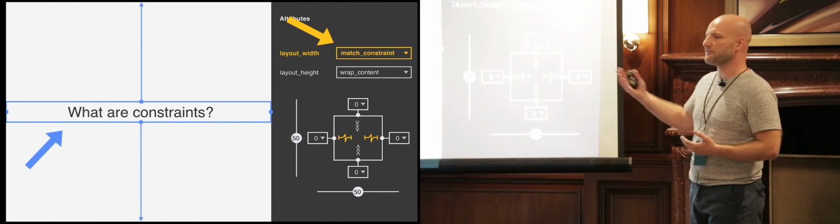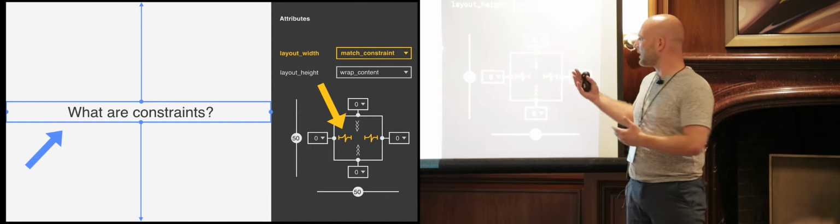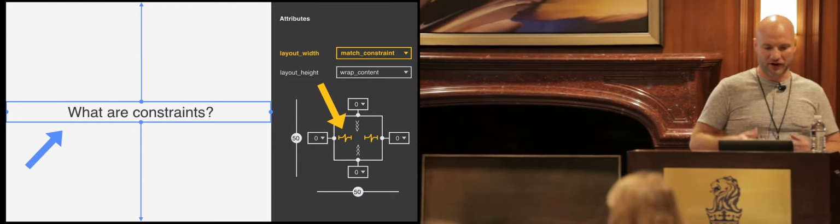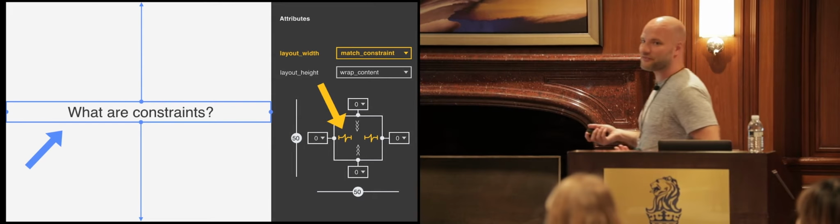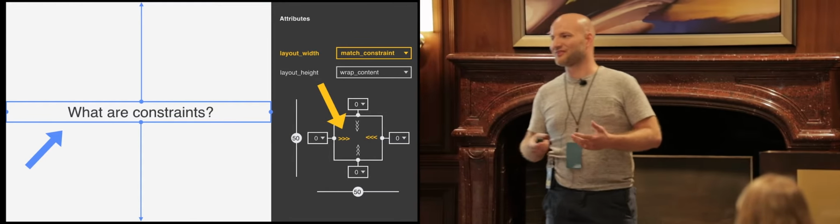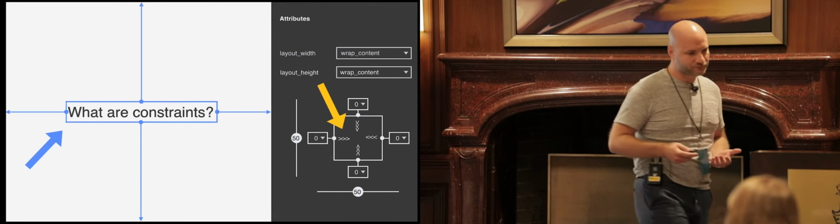And since I'm only constrained off the side of the screen right now, I'm going to expand to fill the entire screen. But later we're going to add more constraints, and we'll see how we could use that to constrain to smaller areas. Now, one thing about constraint layout, you can specify the width or the height of a view as match parent. Just don't do it. It's an incorrect thing to do. You always want match constraints.